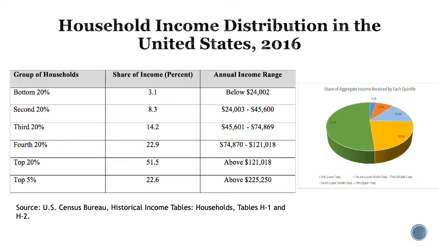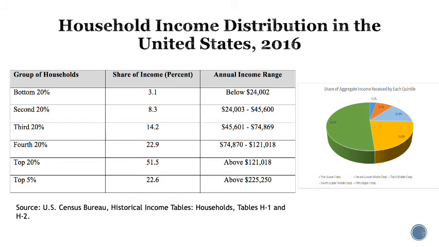And note that the table also breaks out the richest 5% as a separate group, because to show income inequality, it is good to see what group holds most of that pie. What we can see from this table and also from this pie chart is that the lowest income quintile has a household income of below 24,000 approximately, and they receive only 3.1% of all the household income in the US, right?